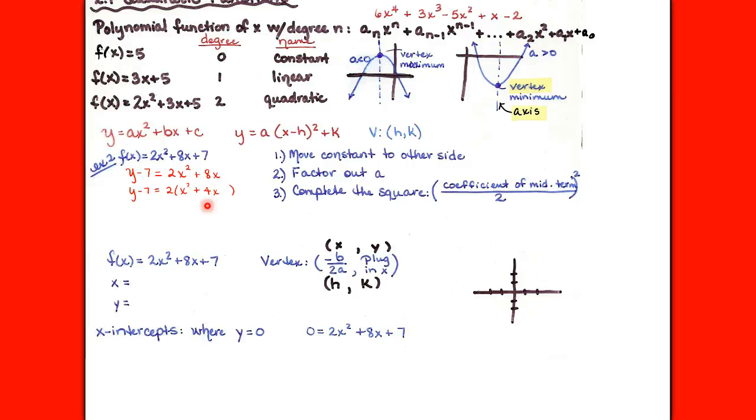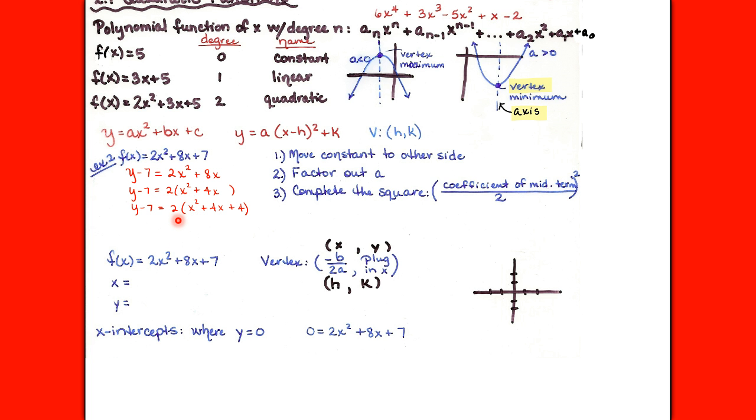Now, there's one thing I have to watch out for here. When I go to add my 4 over here on the right-hand side, that 4 is inside parentheses that are being multiplied by 2. What did I really add to that side? When I add 4, it's inside parentheses that are being multiplied by 2.